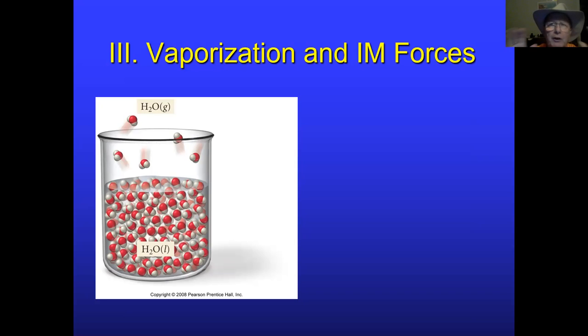Therefore, if it's larger, it's going to have more dispersion forces. If it has larger dispersion forces, then it's going to take more energy to break those intermolecular forces. Therefore, it boils at a higher temperature. This is the kind of logic path you're going to have to go through when you're going through Chem 2. Do I have any questions on what we talked about today?